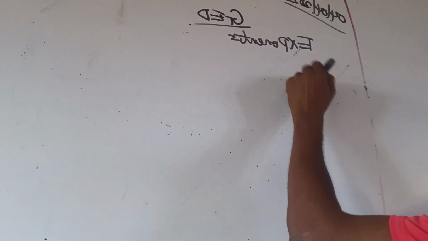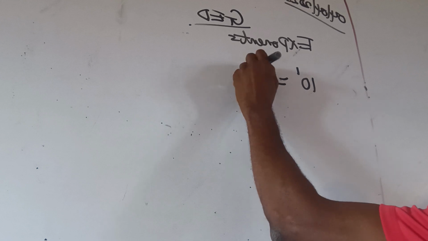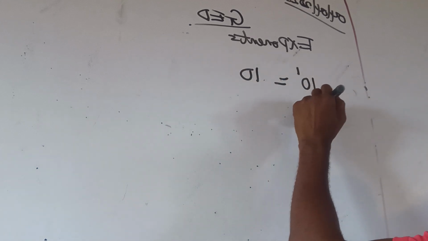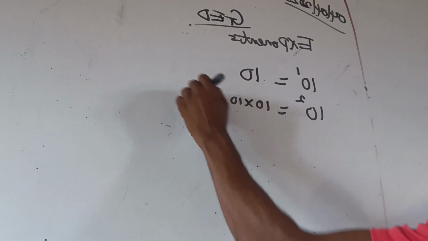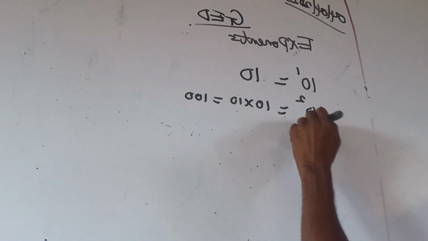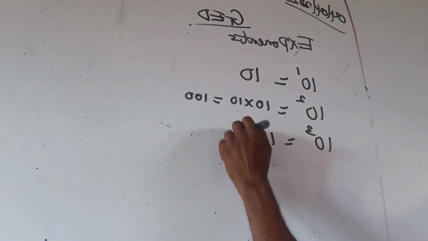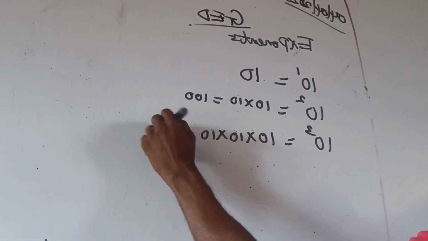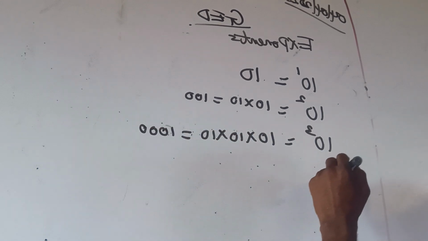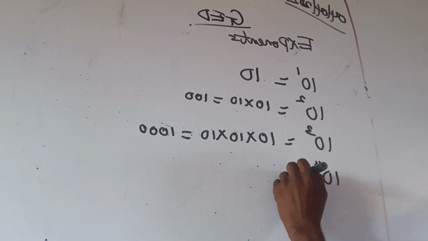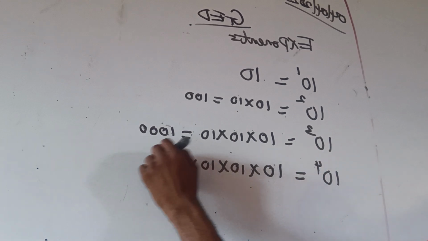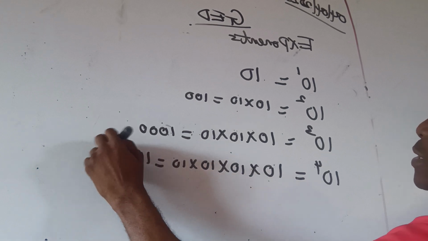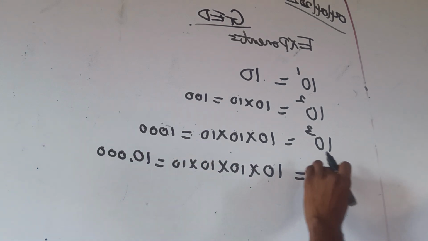Let me shed more light. 10 raised to the power 1 is 10. 10 raised to the power 2 means 10 times 10, that's 100. 10 raised to the power of 3 is 10 times 10 times 10, and that is 1000. 10 raised to the power 4 is 10 times 10 times 10 times 10, that is 10,000.